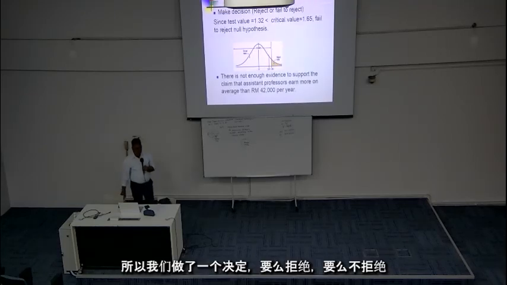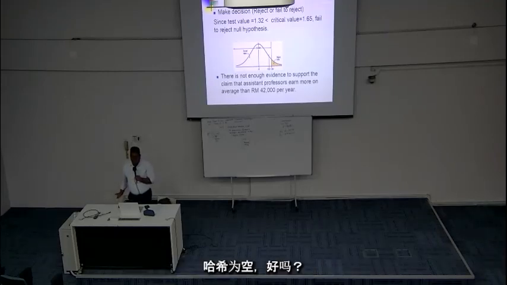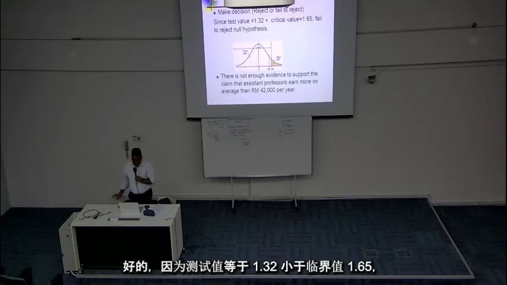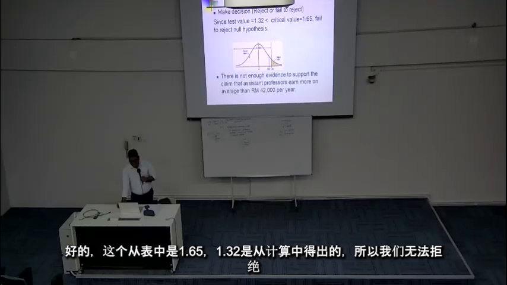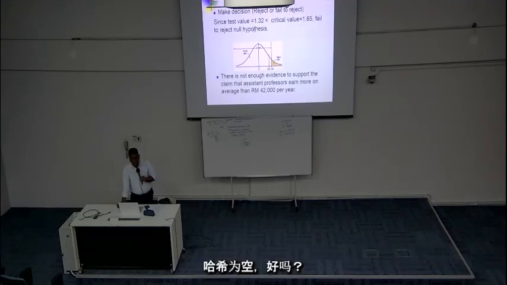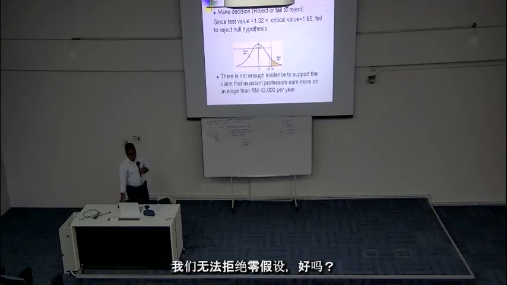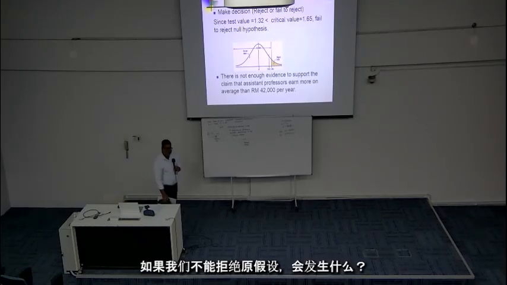Okay, so we make a decision, either we reject or we fail to reject the H null. Since the test value of 1.32, from the calculation, is less than the critical value of 1.65, from the table, we fail to reject the H null. If we fail to reject the null hypothesis, what happened?